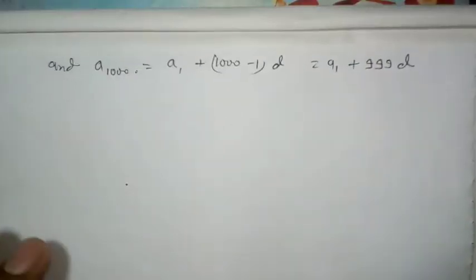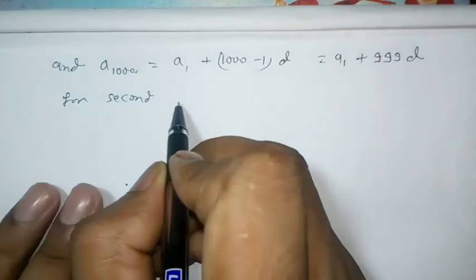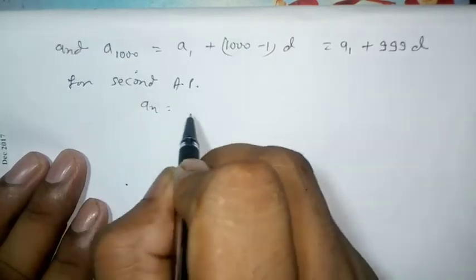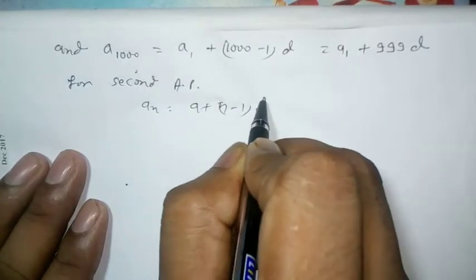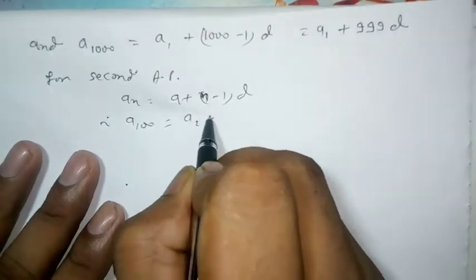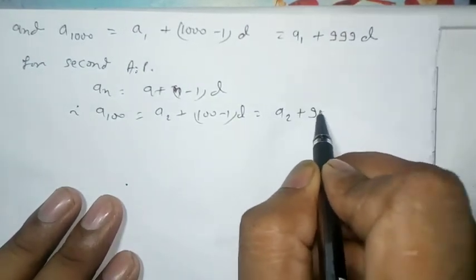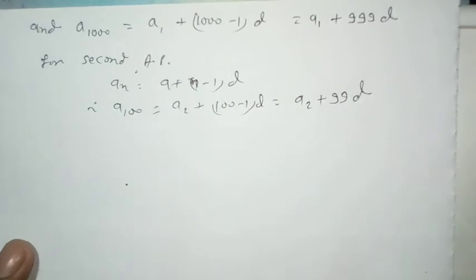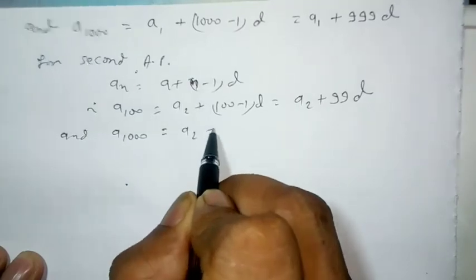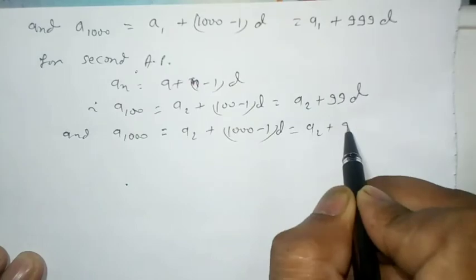Now for the second AP, An is equal to A plus n minus 1 into D. Therefore A100 is equal to A2 plus 100 minus 1 into D is equal to A2 plus 99D. And A1000 is equal to A2 plus 999D.